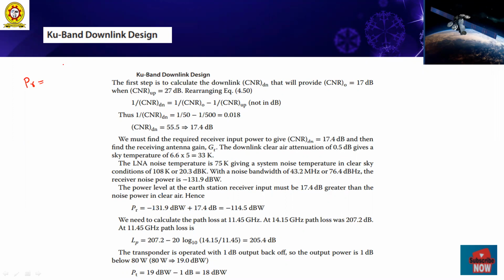How do we calculate this? Minus 130.7 dBW plus 17.2 dBW. What is the answer we are getting? Minus 113.